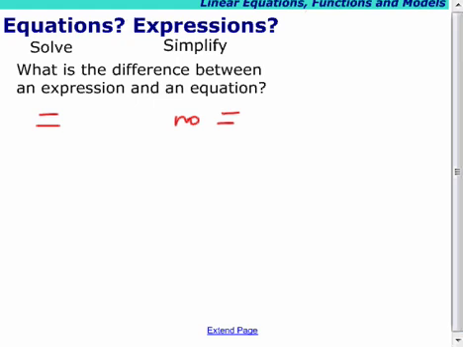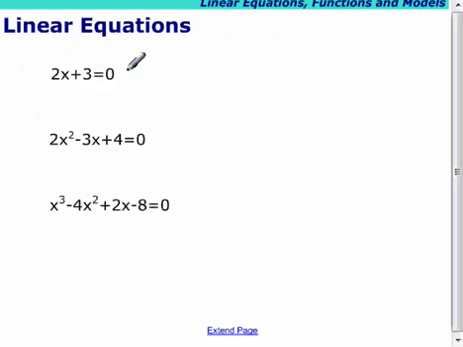Now, when you're solving an equation, it's nice to know what type of an equation that you have, and you need to be able to be good at identifying that. For example, when I look at these 3 equations, one of them is a linear equation, one's a quadratic, and one's a cubic equation. Each of these 3 has a different way of solving them.